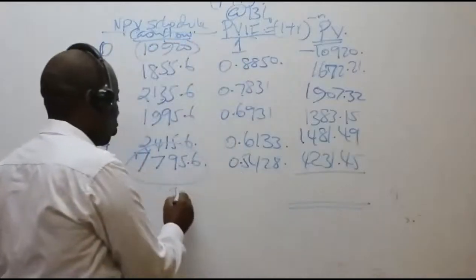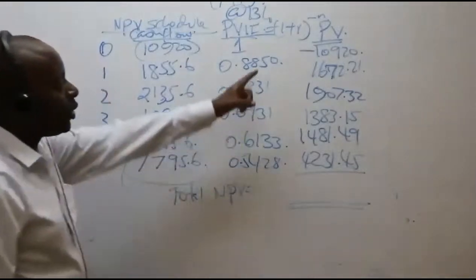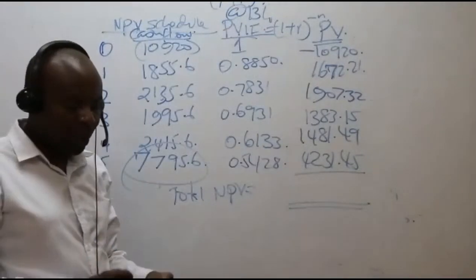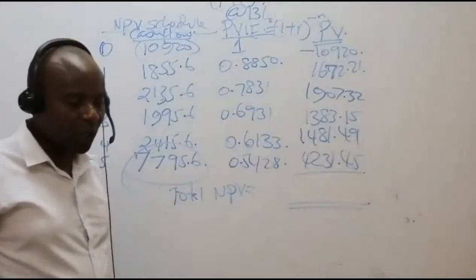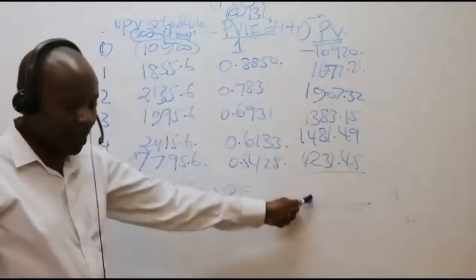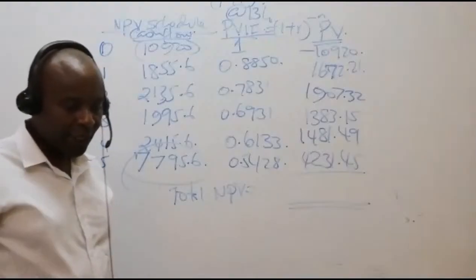Give me the total net present value. It's net present value because as you're adding, of course, you are netting off the initial outlay. So the total net present value at the end of the day will give me what figure?